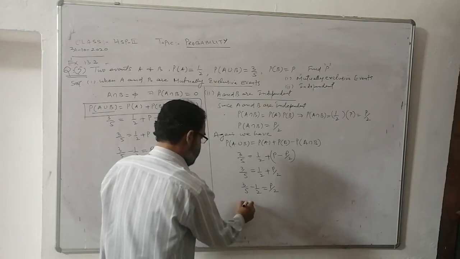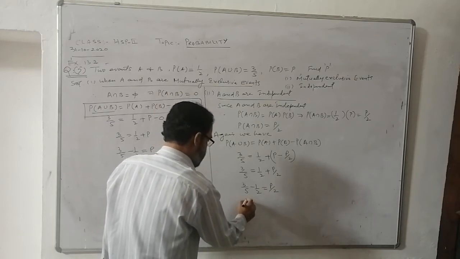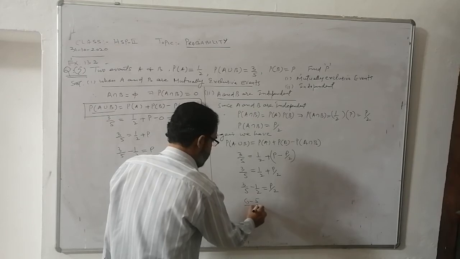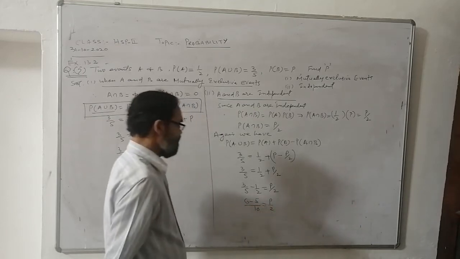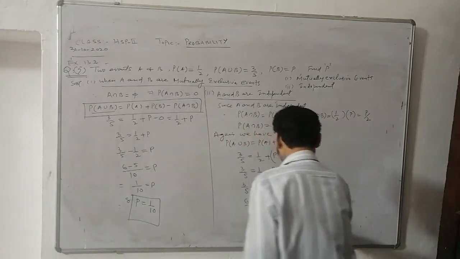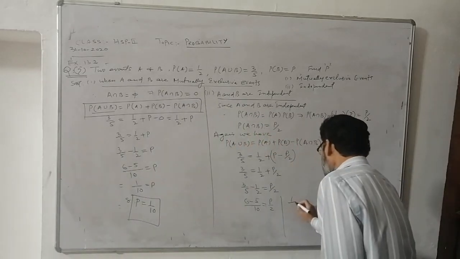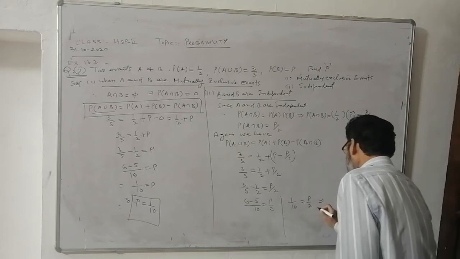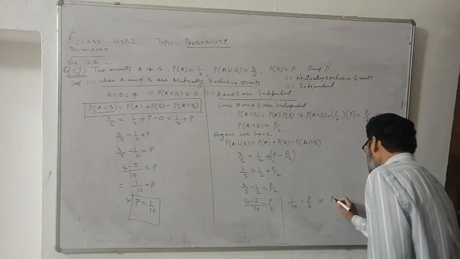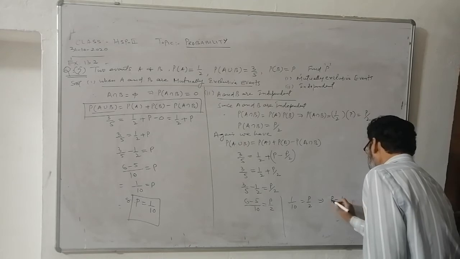So 3 upon 5 minus 1 upon 2 equals P upon 2. If I take the LCM, it is 6 minus 5 upon 10 equals P upon 2. That is 1 upon 10 equals P upon 2. That means P equals 1 upon 5.